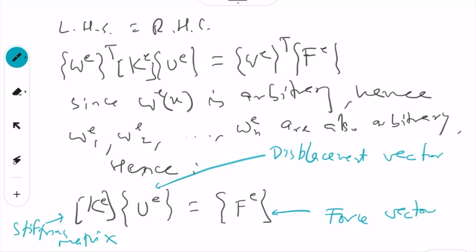So this is the basic derivation for the finite element analysis, and based on this basic derivation we can find out the value of K for different kinds of elements like 2 noded elements, 3 noded elements, 4 noded elements and so on.